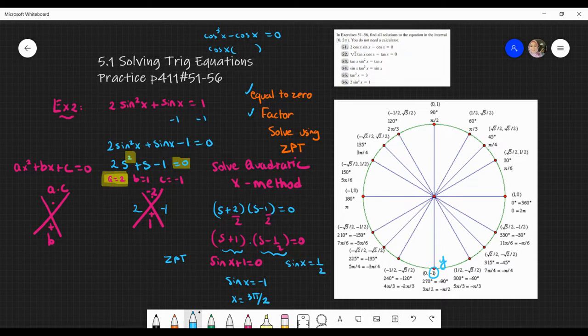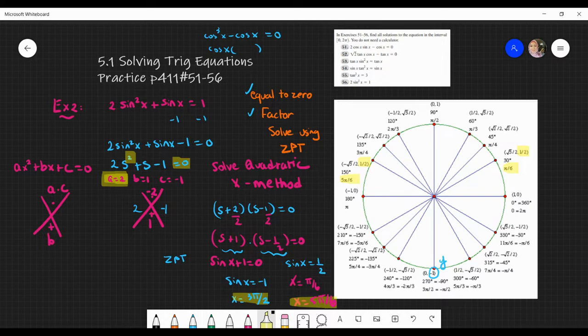Which angle or angles have a sine equal half, y coordinate equal half? Pi over 6 and 5 pi over 6. So I'm going to write this down. I get x equal pi over 6 and x equal 5 pi over 6, and x equal 3 pi over 2. And those are the three solutions to this given equation.